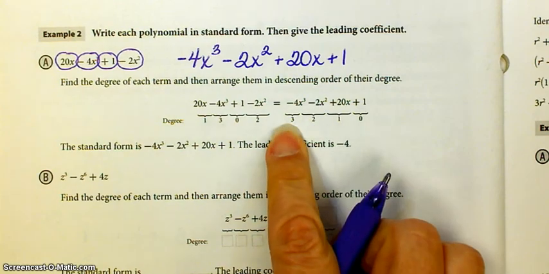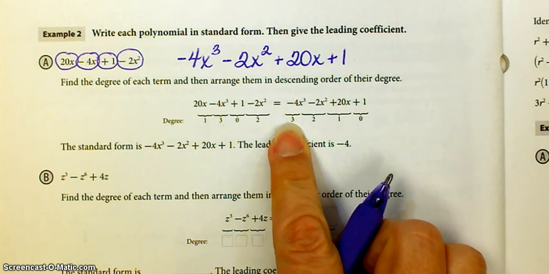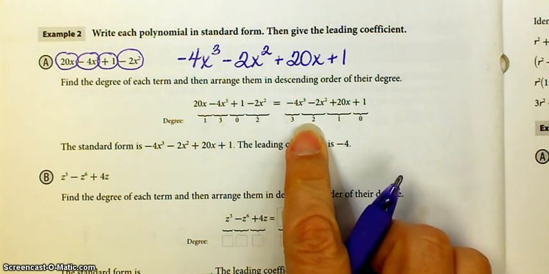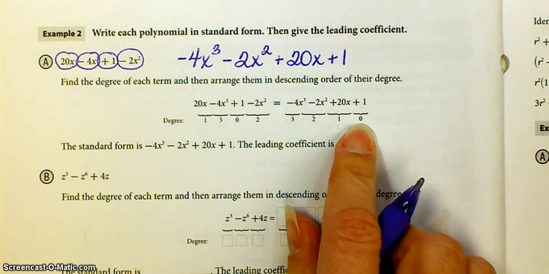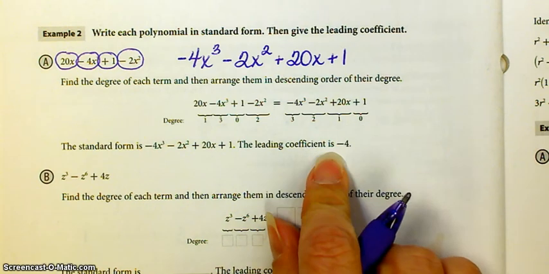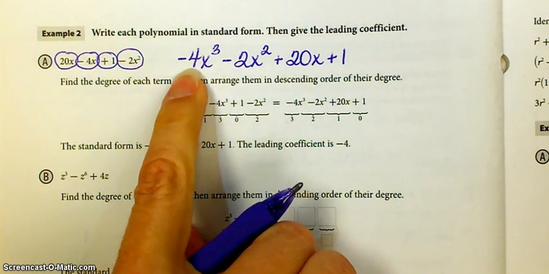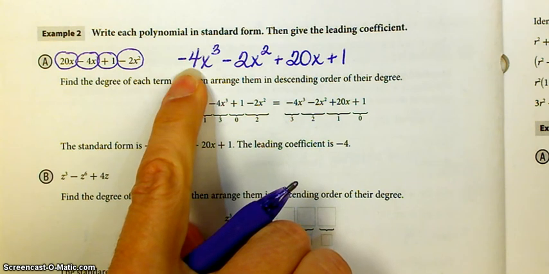Because negative 4x to the third is a third degree term, this one is a second degree term, this is a first degree term, and this one's 0. The leading coefficient is negative 4 because that is the coefficient of the highest degree term.